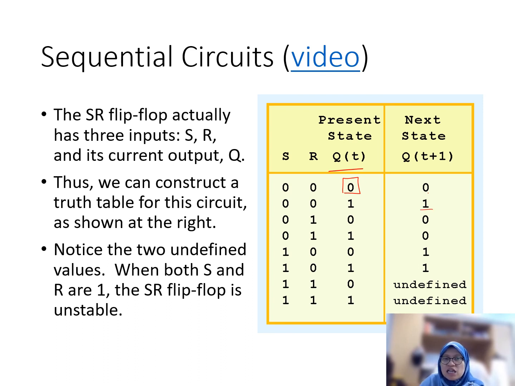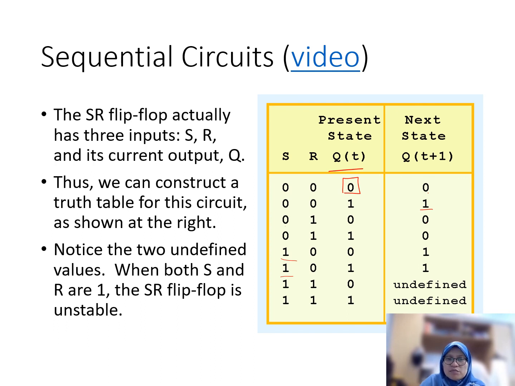Next, S is 0, R is 1. So it will need to be reset regardless of the value of QT. So the next state will become 0 and 0 because of the reset here. And then for S is 1, R is 0, we need to set to 1.